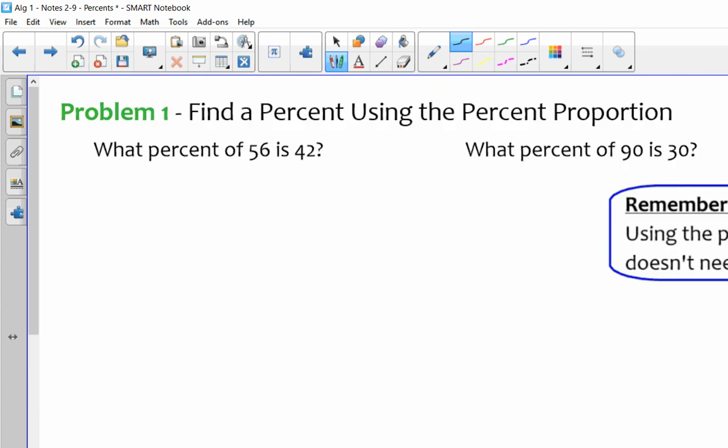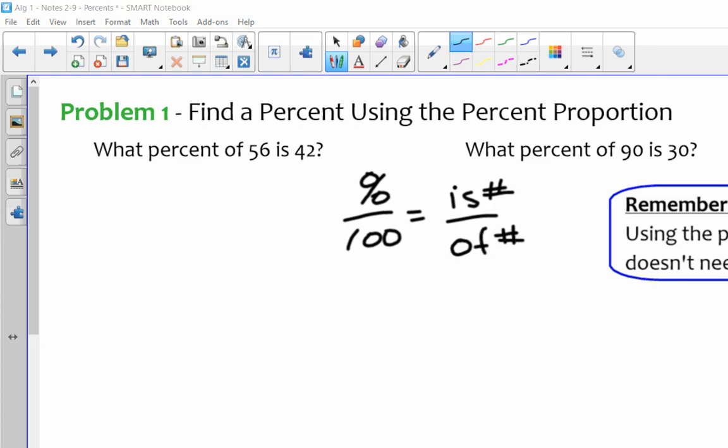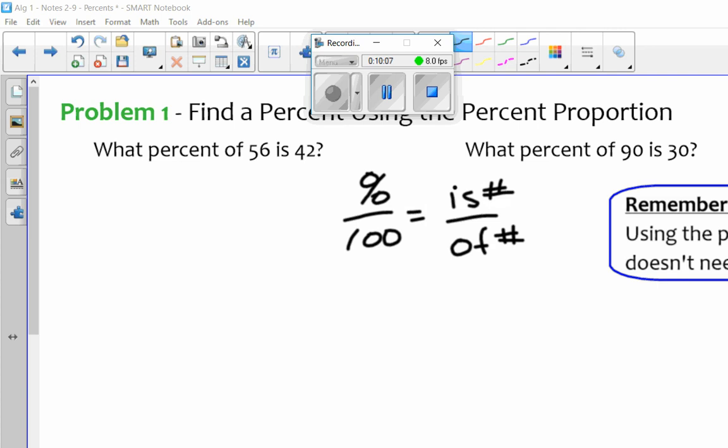Okay, going here, we're going to use our little formula that we had: the percent over 100 equals the is number over the of number. Then we're going to read the question, figure out what they want me to find and what pieces they actually gave me. The question says, what percent of 56 is 42?